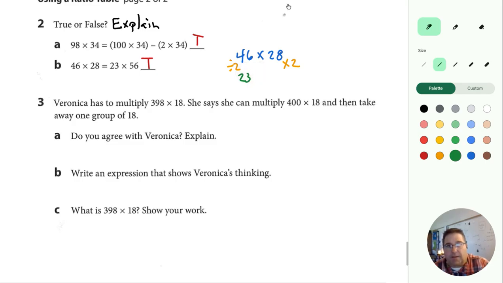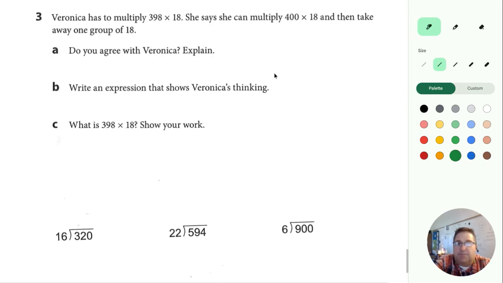And then if I double 28, that gets us to 56. So yeah, we can use that double and half strategy. Double one number, cut the other in half, and we'd get an equivalent expression.